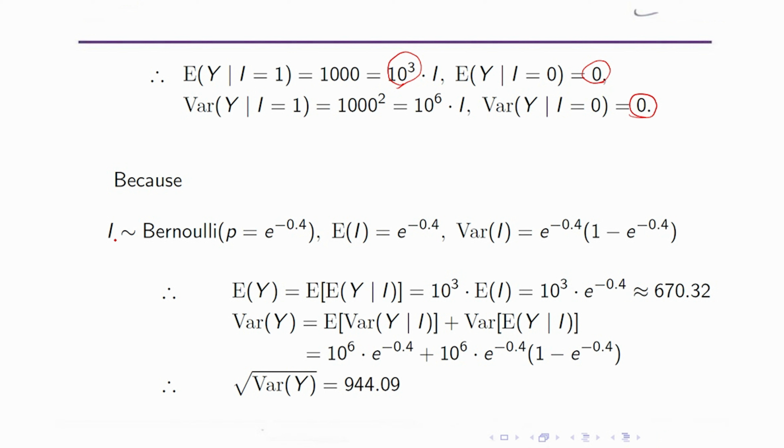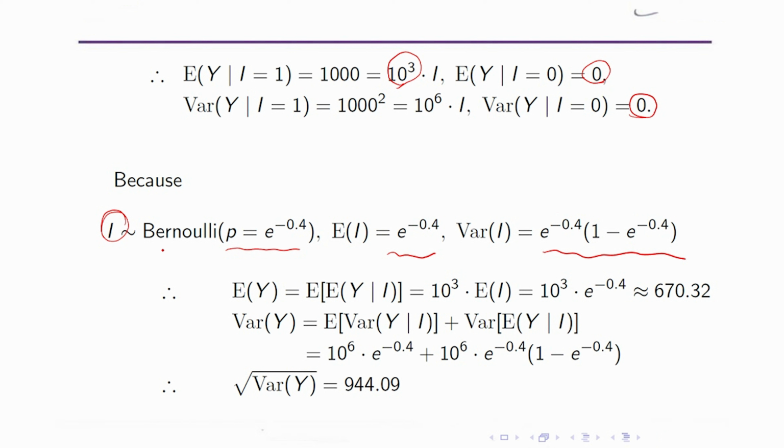Now, the random variable I is basically Bernoulli distributed with parameter p equal to e to the minus 0.4. So that means I will be 1 with probability e to the minus 0.4, or 0 with probability 1 minus e to the minus 0.4.